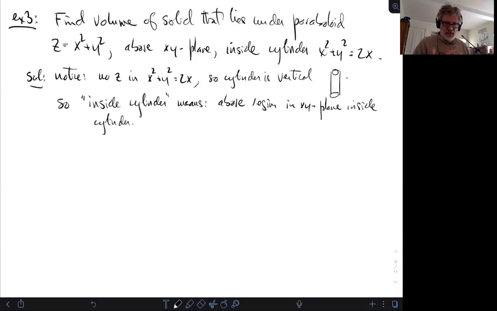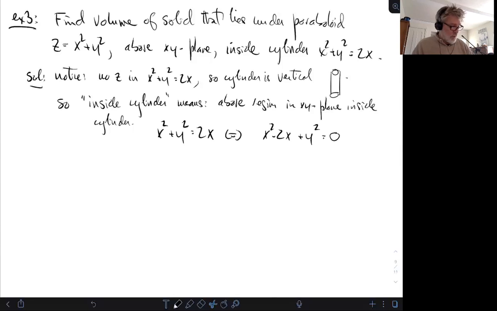But basically, we're going to do the double integral of that paraboloid, x squared plus y squared, over that disk, that region. So I have to figure out what this region is, but this might look familiar. So x squared plus y squared equals 2x is the same thing as x squared minus 2x plus y squared equals 0.